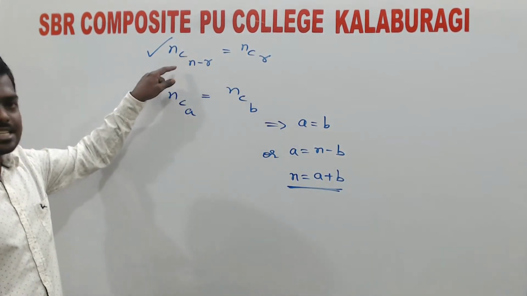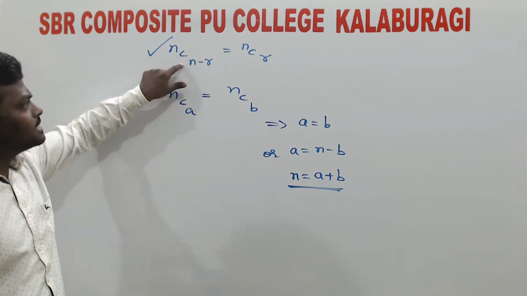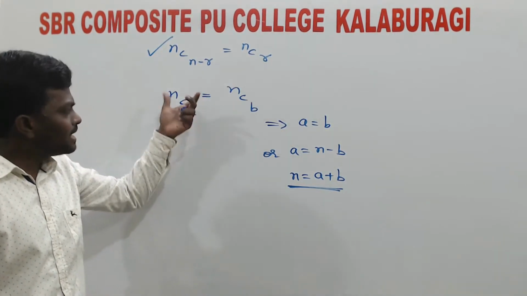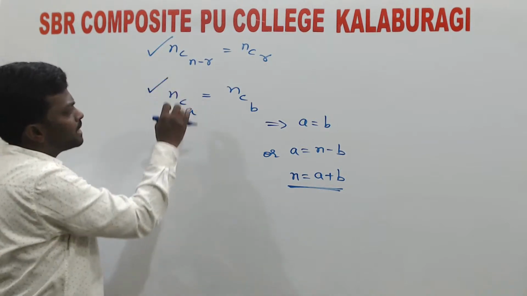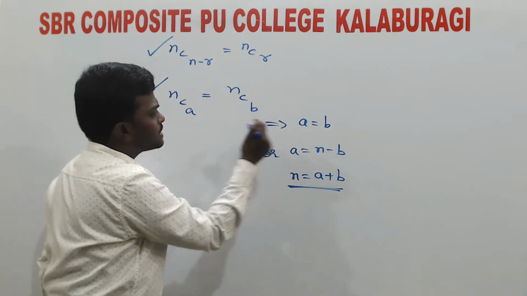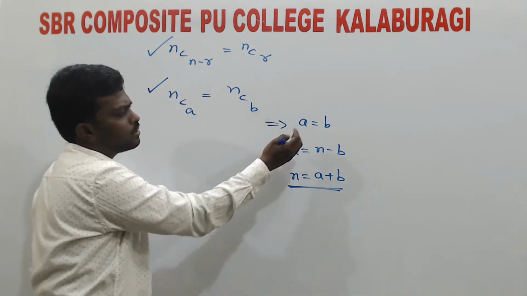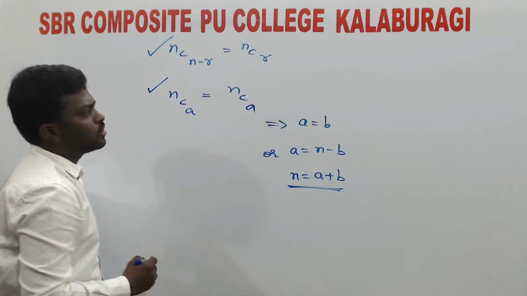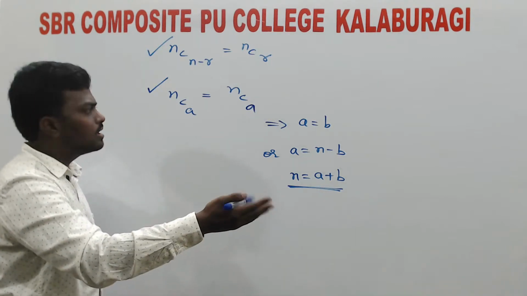Okay, so now just understand this one. We have proved nC(n-r) is equal to nCr. And the next property we have seen is nCa is equal to nCb, which implies that if a is equal to b, then only we can say nCa equals nCb. If a is equal to b, nCa is equal to nCa, right?